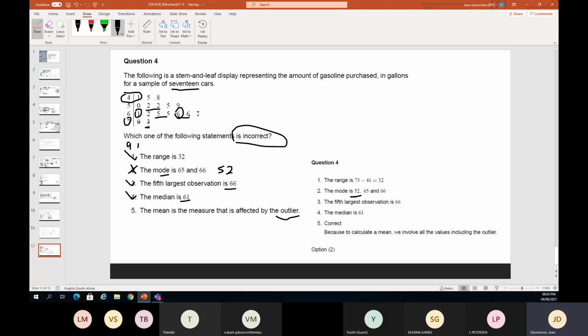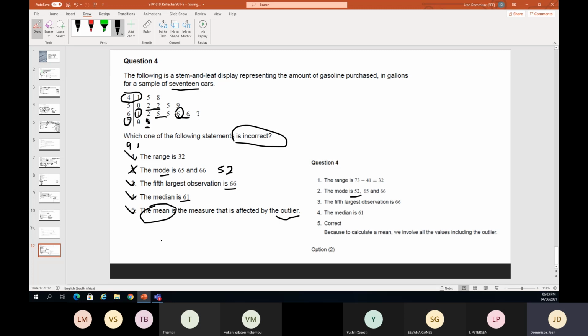If that was 91 instead of 73, your median still would have been 61. So it wouldn't have impacted your median, but it would impact your mean, because your mean is a sum of everything. So because it impacts the mean, this one is also correct.